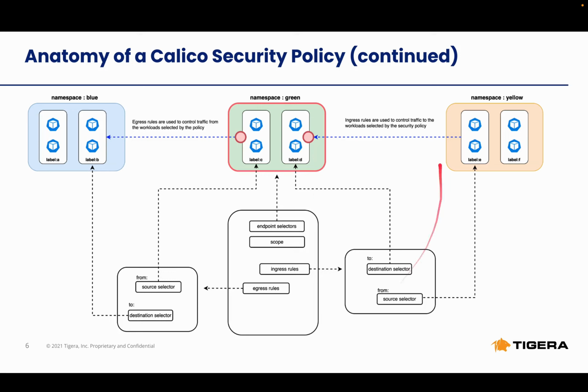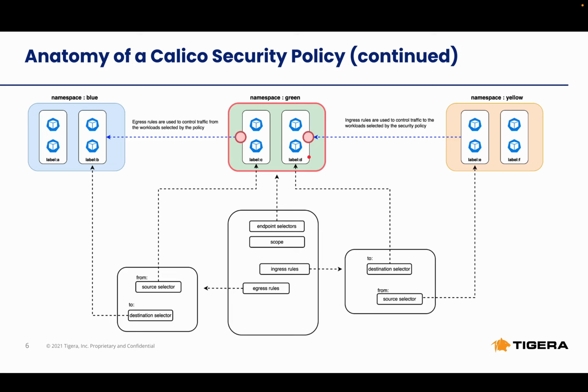And in the case of a source within namespace yellow, I'm further selecting a subset of workloads, as in workloads with a label E. And I'm permitting traffic from these workloads in namespace yellow with label E to the workloads in namespace green with a label D. All right, this is just an example.